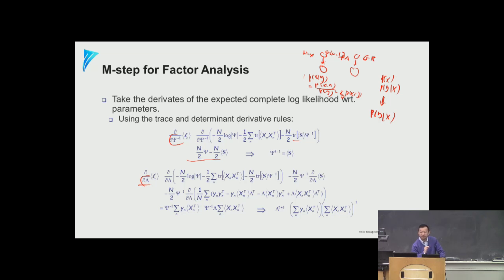Help me to recover what I did. Okay, we basically use these two to first get a joint, right?